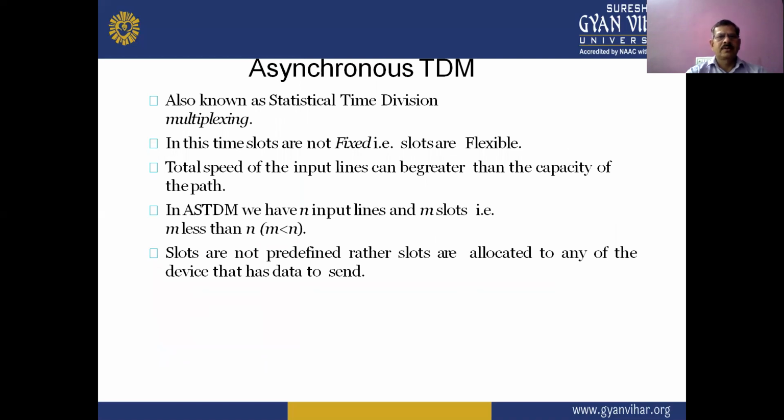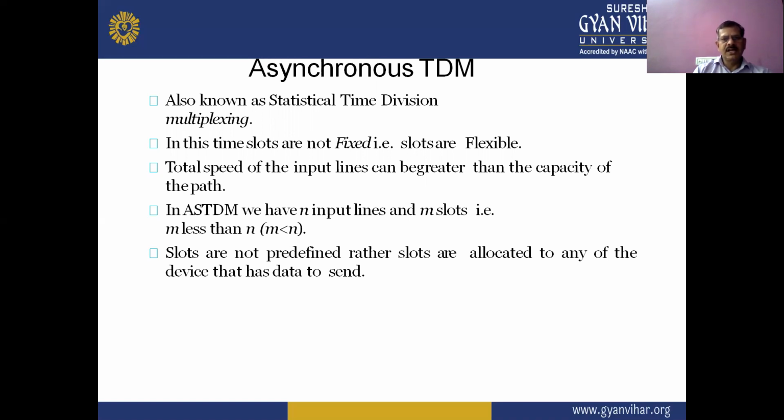Asynchronous TDM is also known as statistical time division multiplexing. In this, time slots are not fixed, or slots are flexible. The total speed of the input lines can be greater than the capacity of the path.